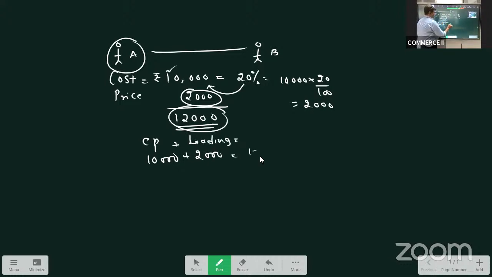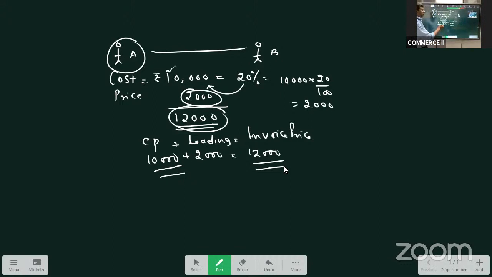And 12,000 is called as the pro forma invoice price. This is the price he is quoting in the invoice, right? Where the actual cost is 10,000, he is showing it as to be of 12,000. There is not much difference, only a little difference in the treatment while writing the consignment account.